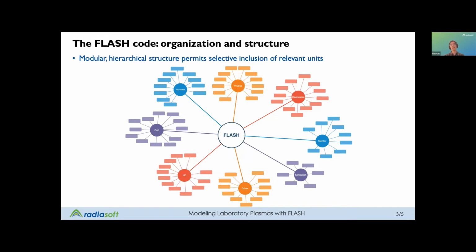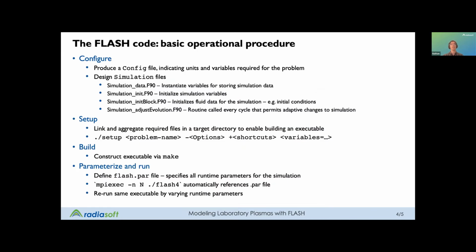The code is also hierarchical, meaning you can include an entire unit in and of itself, or you can select from within subunits to, again, further customize that executable and optimize its performance. Now, as you might imagine, this leads to quite a lot of decision making in the initial configuration and building process of the code.